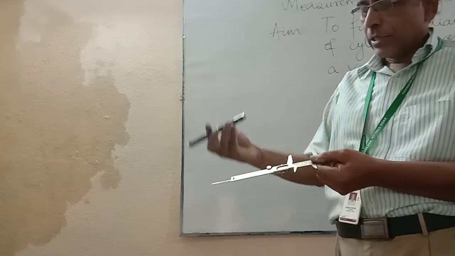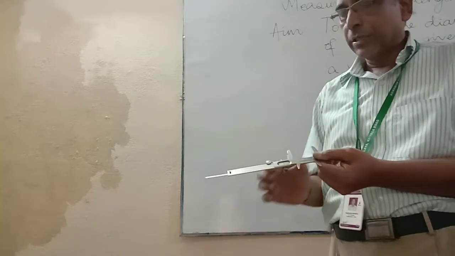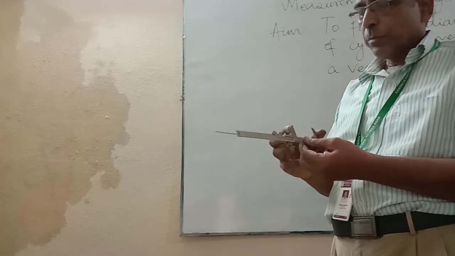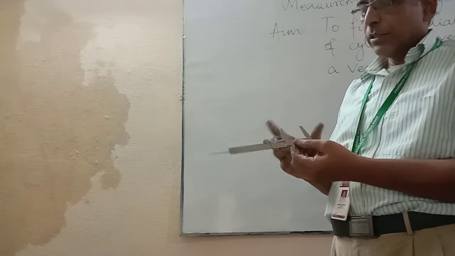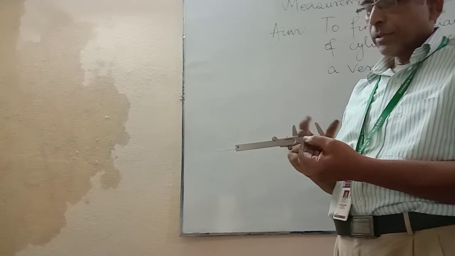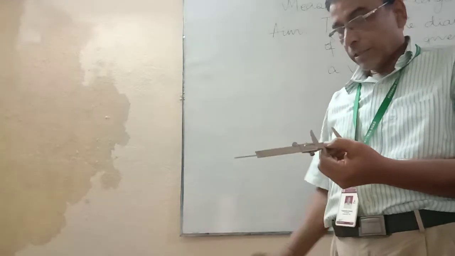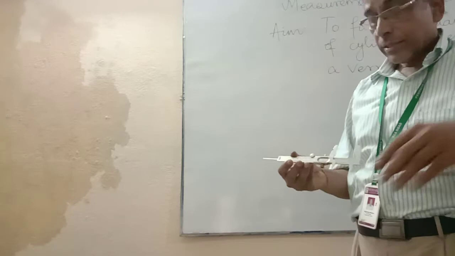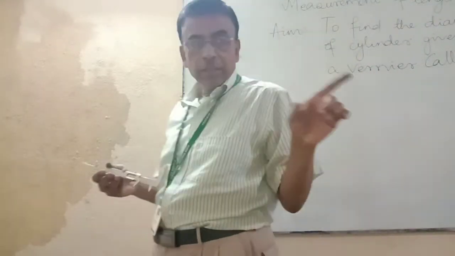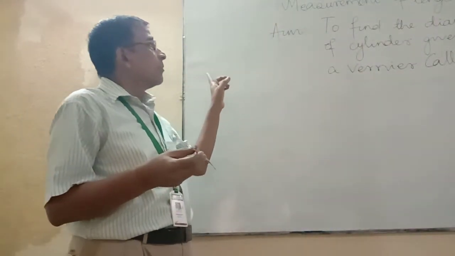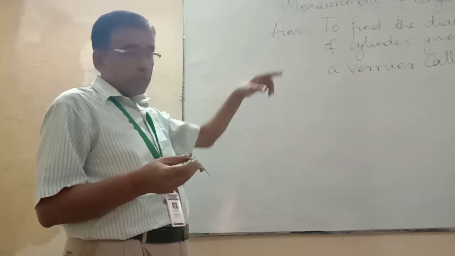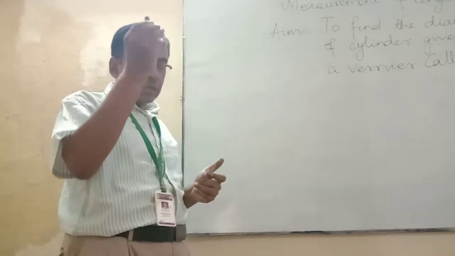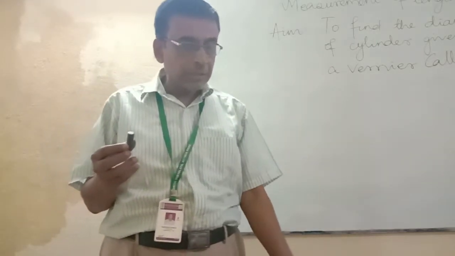This vernier scale, as you know, is named after the scientist Vernier, and we are supposed to measure diameters using these two jaws. These jaws are very important in our measurement. When finding the diameter of a cylinder, we can also measure using our normal scale.